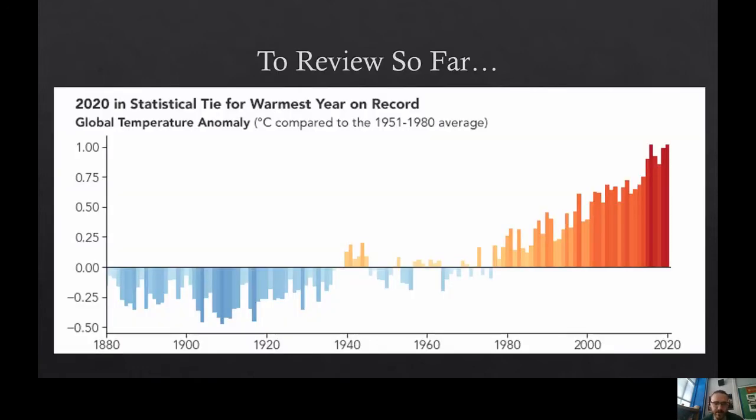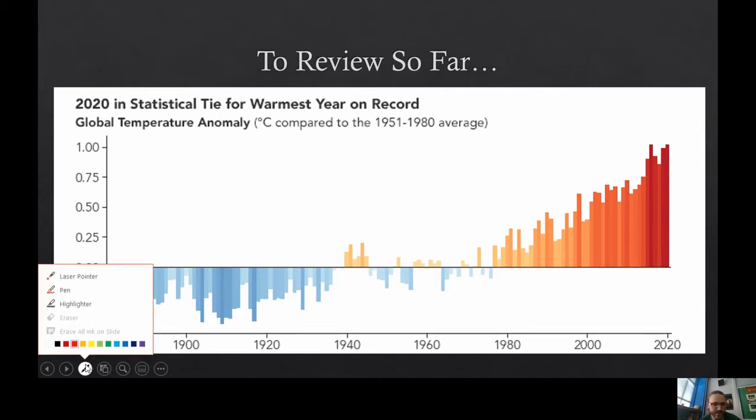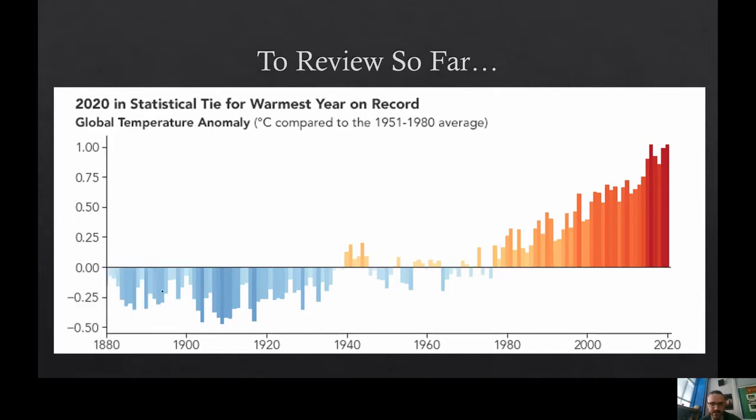We talked about how overall the temperature has been going up and up and up in the last 100-ish years, but really it's been accelerating pretty quickly in the last 40 years. Depending on what you call zero, and zero being average for Earth, and again, Earth is constantly changing, what we consider average is this zone from 1940 to 1960, it seems like.